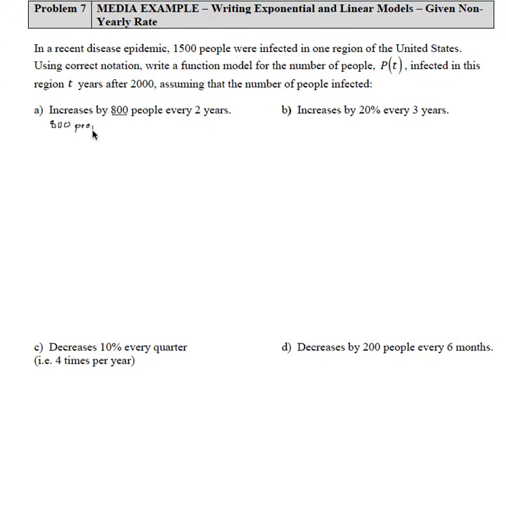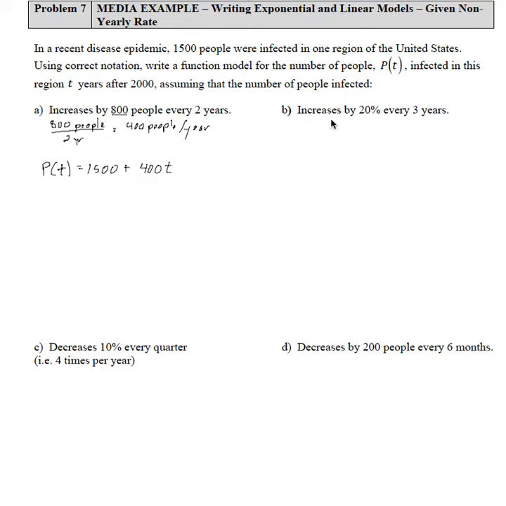If my linear function changes by 800 people every 2 years, that means it changes by 400 people every year. So I can write my function P of t as my starting number of people, 1,500, plus 400 people times t. T again is years.